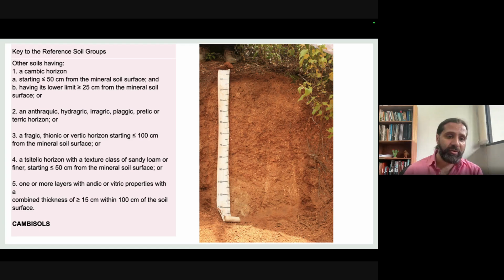So, wow, we have a lot of options you can see here, right? So the basic thing that you can consider here is that the cambisols are those soils that do not fit the previous RSGs. So they have some properties, as you can see here. They have some diagnostic horizons, as you can see here. But these diagnostic horizons are at depths or thicknesses that do not fit the previous RSGs.